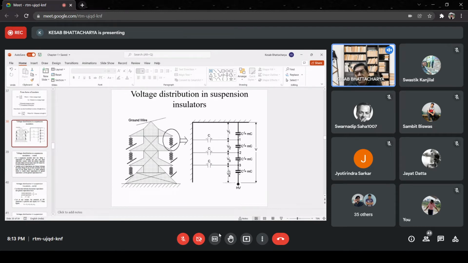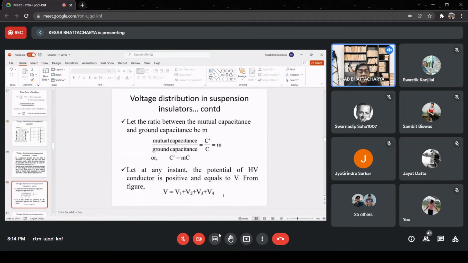These are the voltages available across the individual discs. And let the total voltage be V. So if we consider the instantaneous values, then we can write at any instant of time when this is the voltage distribution, V is equal to V1 plus V2 plus V3 plus V4, as it is written over here.